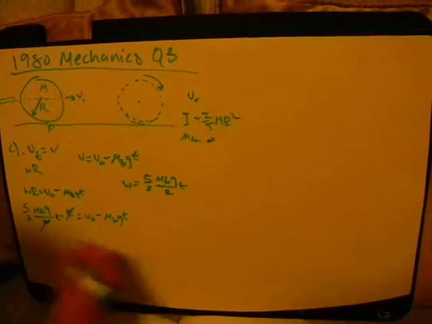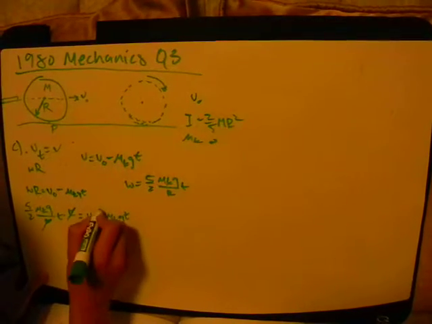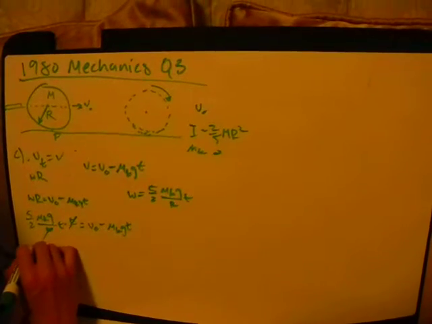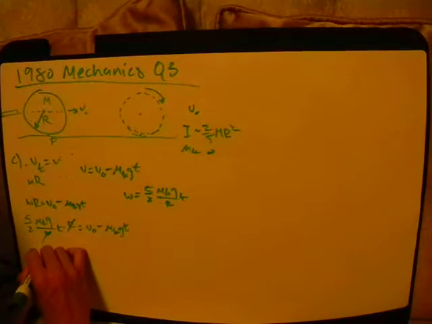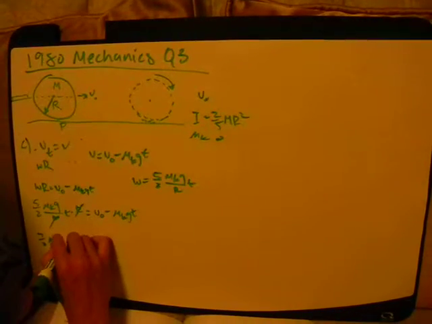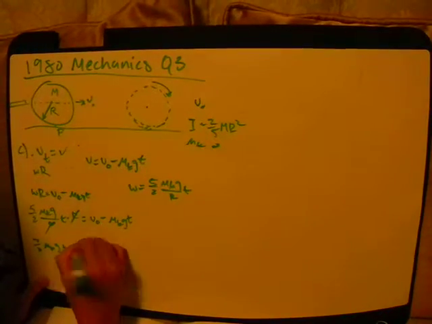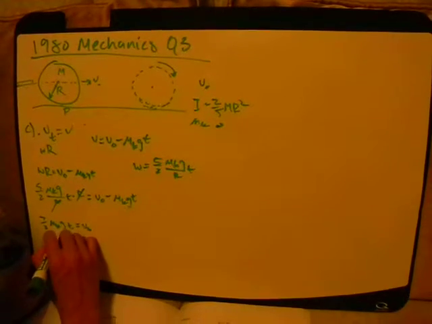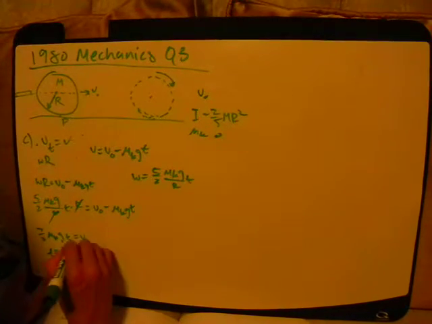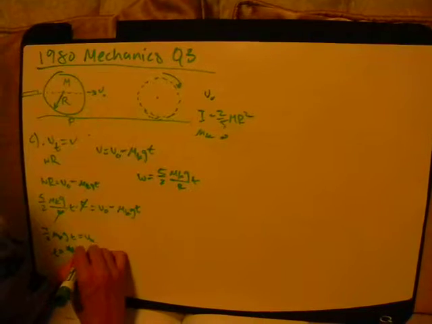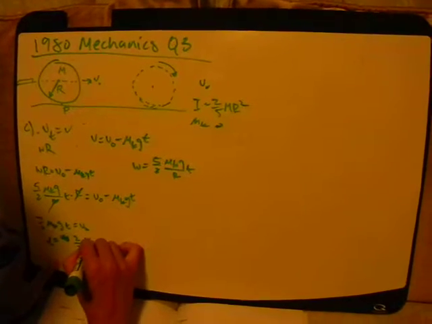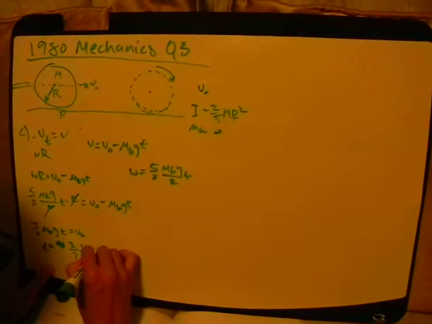So, move everything to one side. This is 2/2 plus 5/2. This is 7/2 mu k g t equals v naught. So, the time at which slipping stops is 2/7 v naught over mu k g.